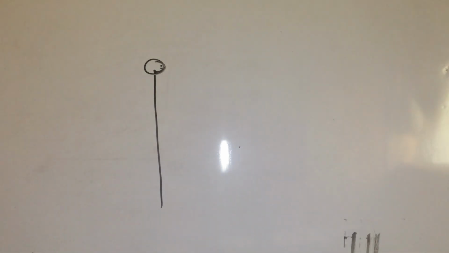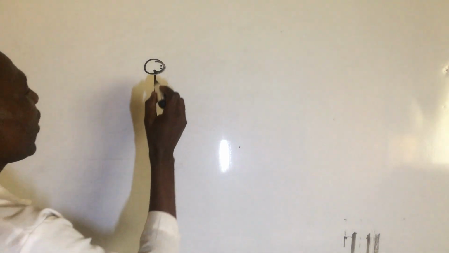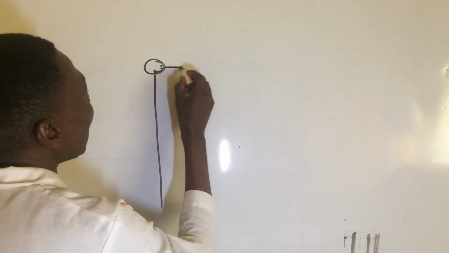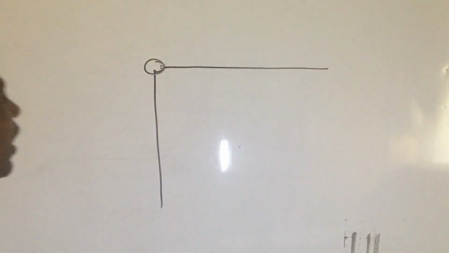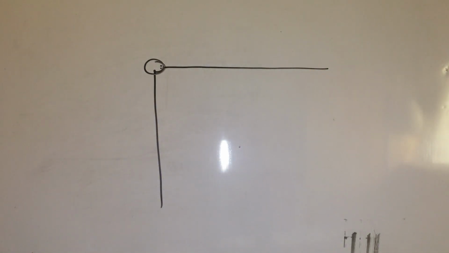Now, the eye level of the person is the normal horizontal line from the eye of the person, which will measure your height from your toe to your eyes. That is your eye level.